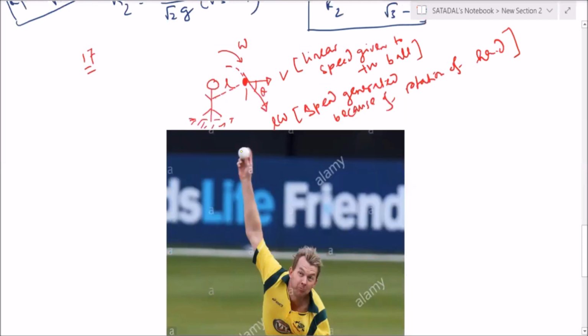In this direction the ball will get linear velocity V, and his arm is falling down like this. So because of the rotation of the arm, the ball will get a velocity in this direction, if his arm length is almost straight.